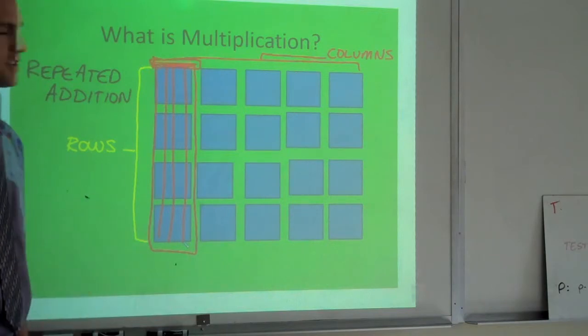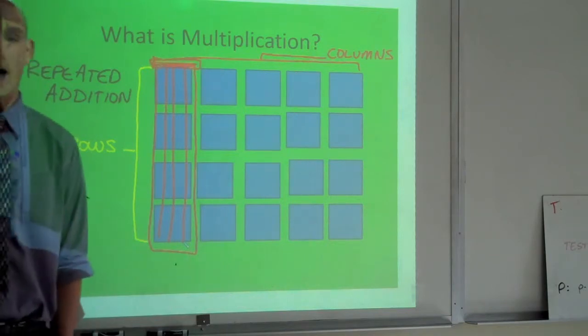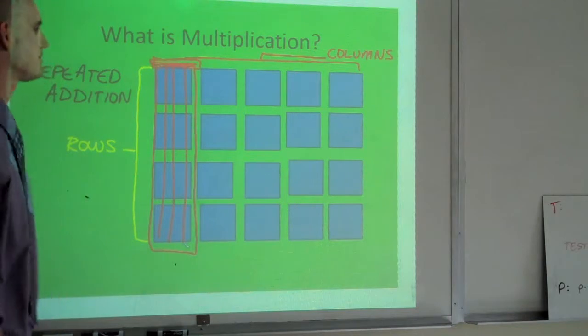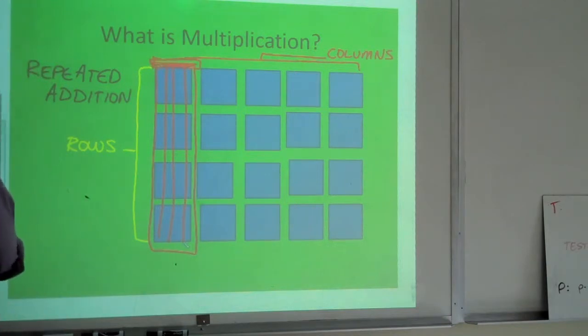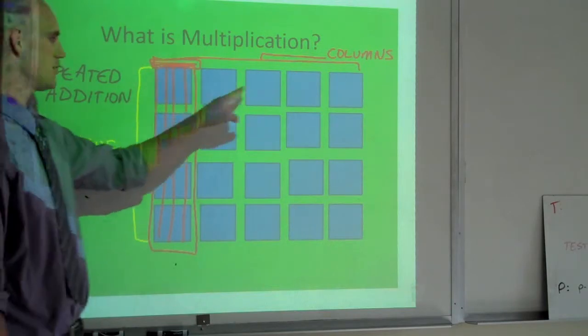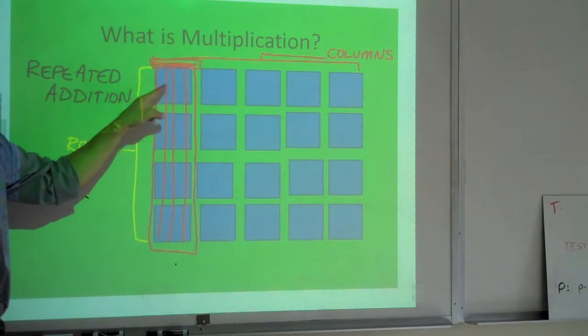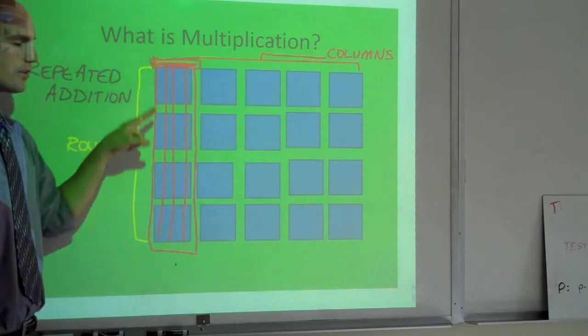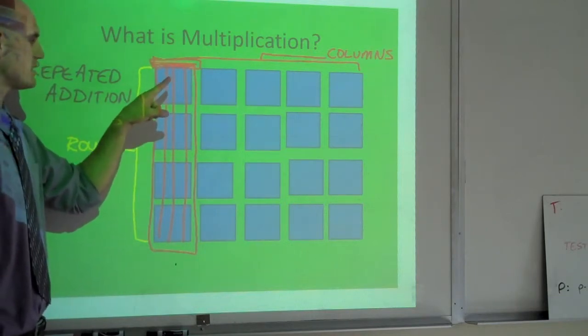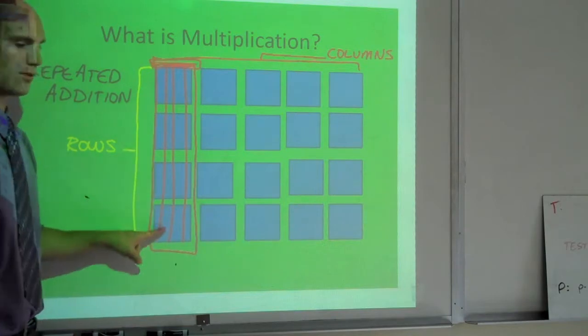When we do repeated addition, we're really asking ourselves, how many rows and columns do we have? Well, if we count the number of elements in one of the rows, 1, 2, 3, 4, 5, we're really adding 5, the number of rows that we have. So 5 is added 1, 2, 3, 4 times.